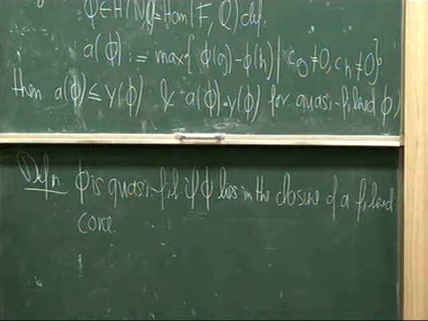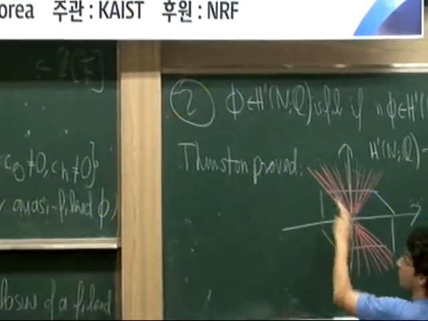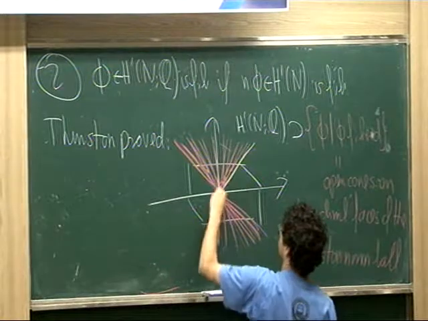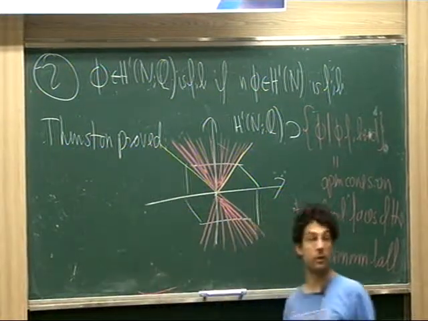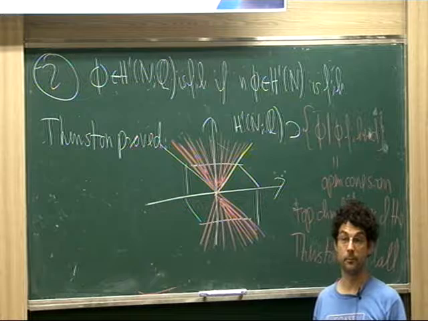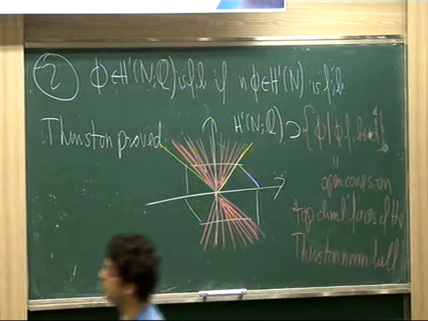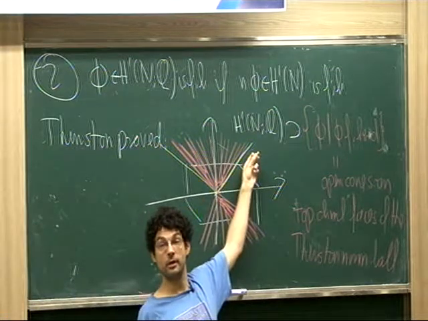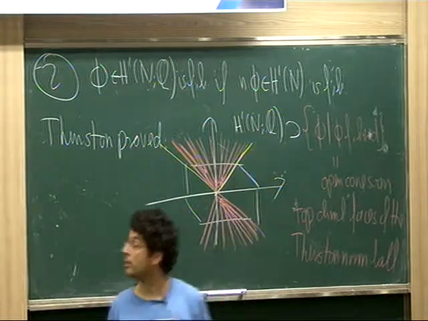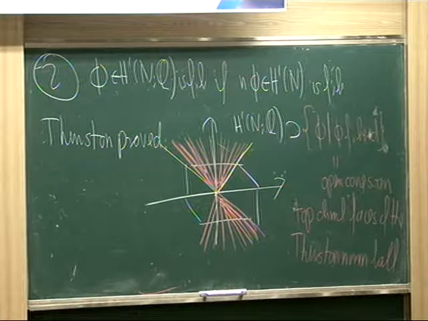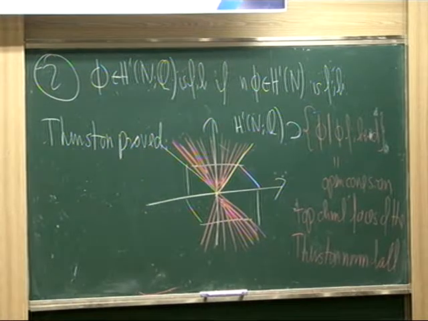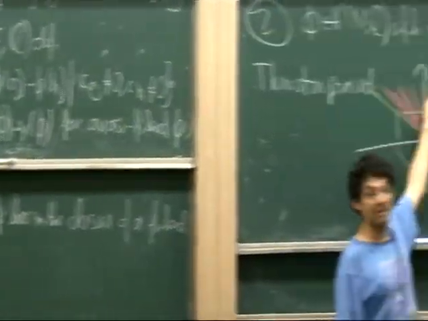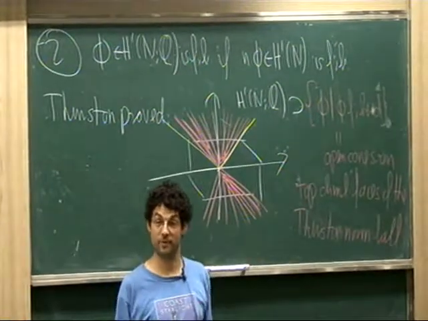I said fibered classes form an open cone, but quasi-fibered also allows the classes which sit on the boundary of the fibered cones. And why do you get equality for the classes on the boundary? Well, because A and the first norm are continuous maps. So if they agree on this open set here, they also have to agree on the boundary of the open set.